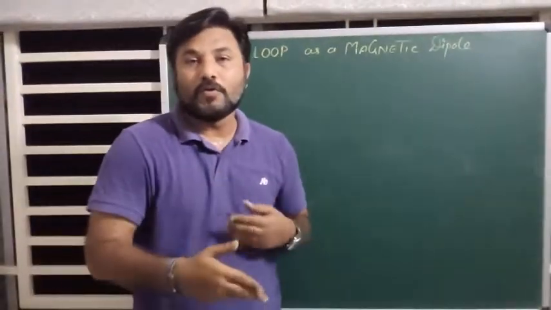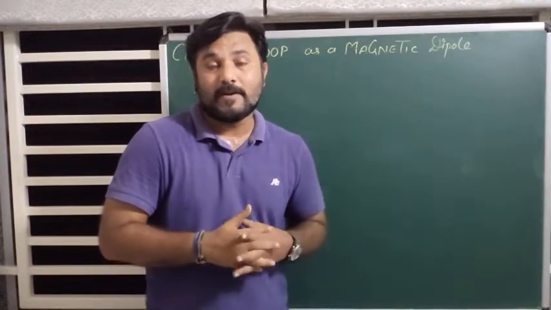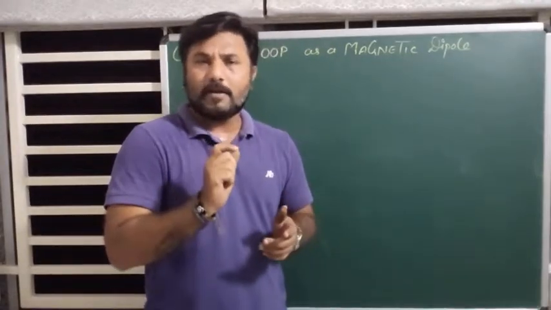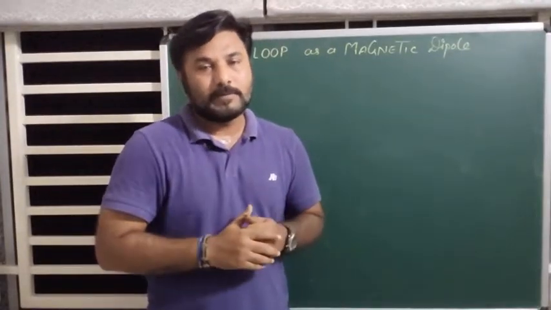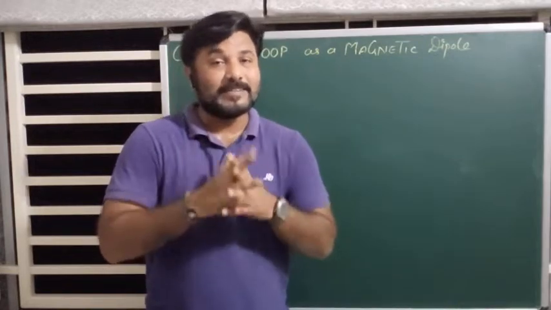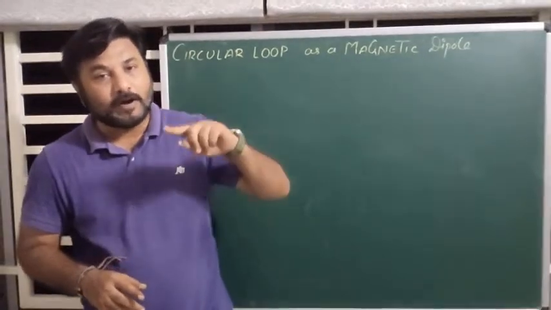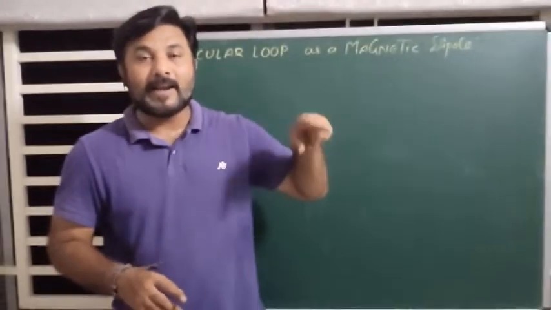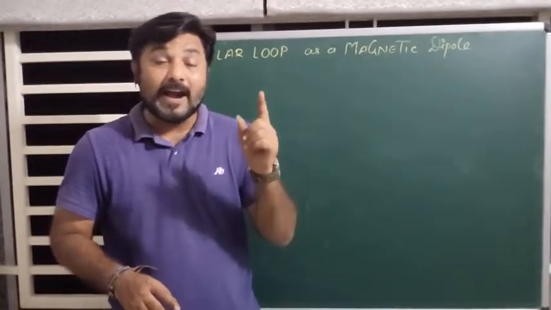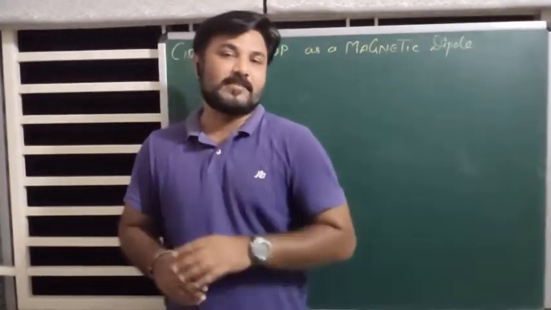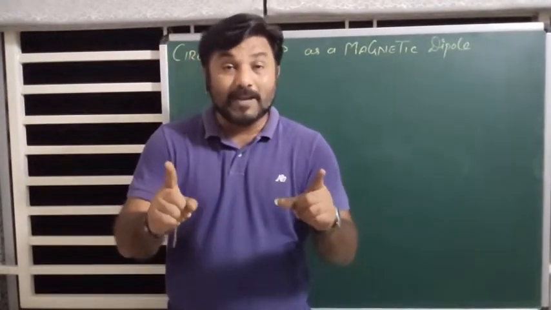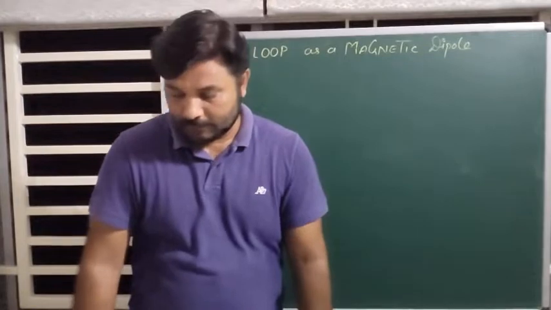If you go to the previous assignment, you have already completed that work. The question was: obtain the equation of magnetic field for a current carrying circular loop at a point on axis by using Biot-Savart law.